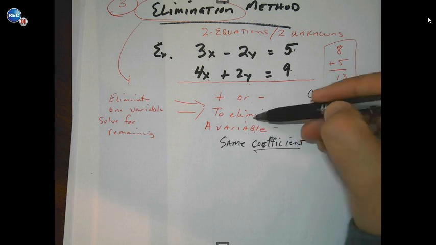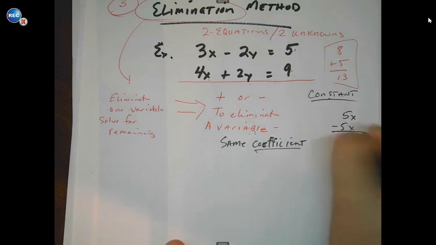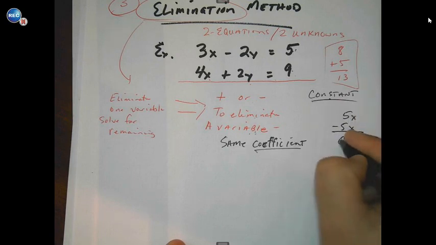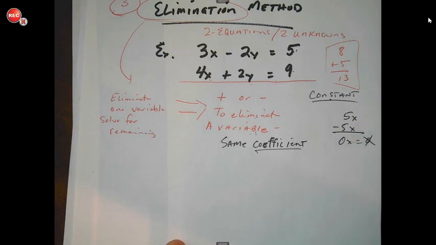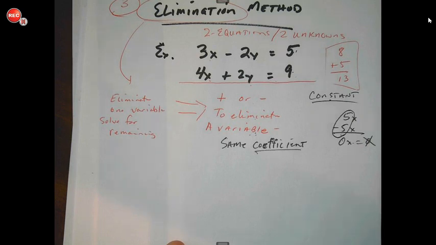The only way to eliminate a variable, think of it like this: if I have 5x minus 5x, that gives me 0x. What's anything times 0? That's 0, so it eliminates. So basically, to eliminate a variable, I need the same coefficient with opposite signs.